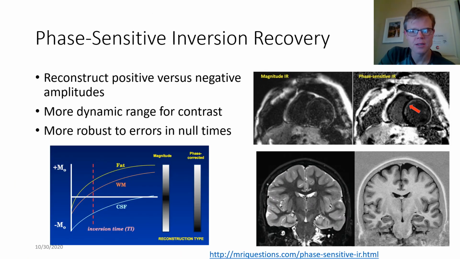And the last technique that relies on the image phase that I'm going to talk about is phase-sensitive inversion recovery. So we've talked a little bit about inversion recovery, and we talked about also this effect that after you invert the magnetization, it recovers. You can excite it either when it's negative or when it's returned to positive. And we talked about this in the context, well, if we had a voxel that had a component that was negative and a component that was positive, they could end up canceling each other out.